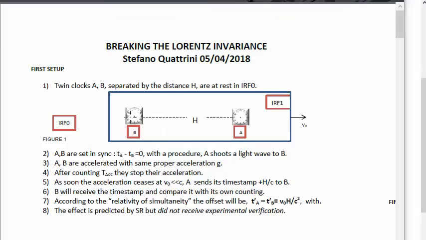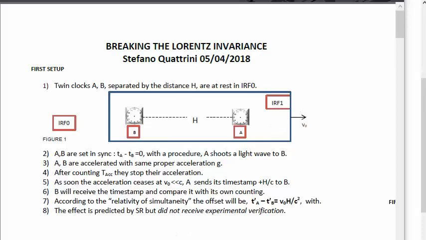Twin clocks A and B, separated by a distance h, are at rest in inertial reference frame 0. Now this is weird. He's got inertial reference frame 0 out here in a box, and inertial reference frame 1 in here in another box, and v sub naught between them.